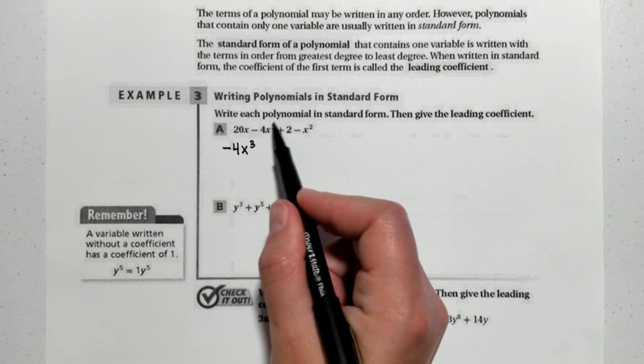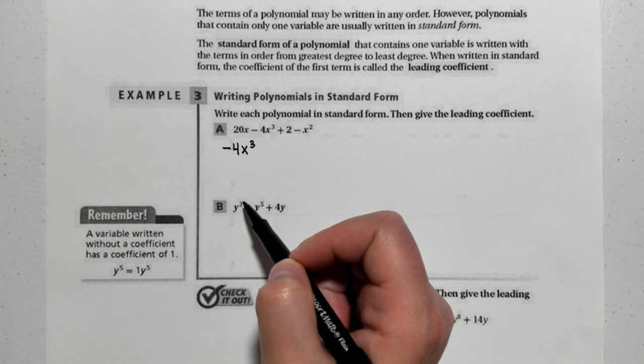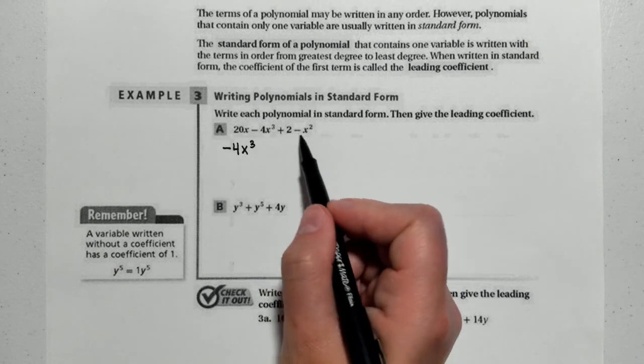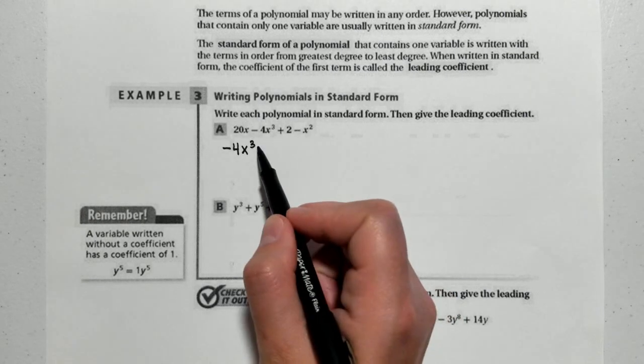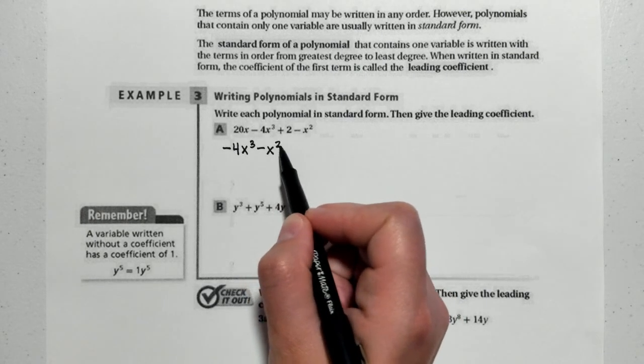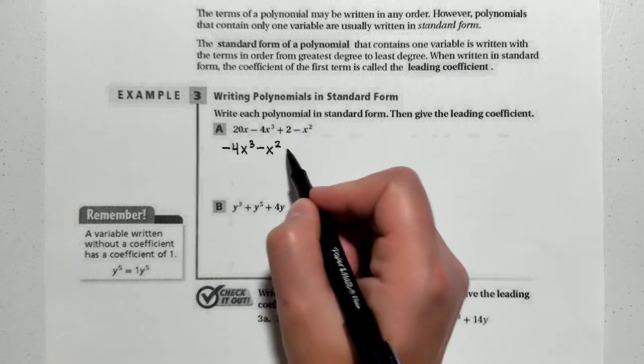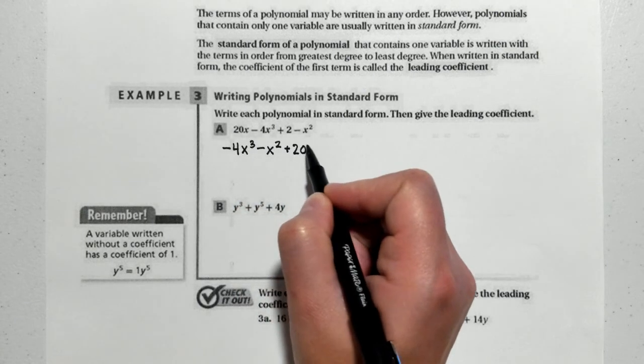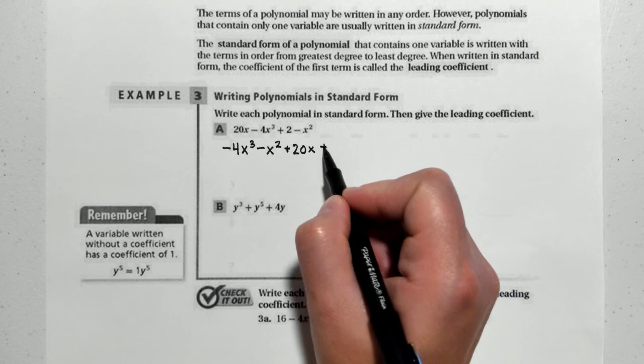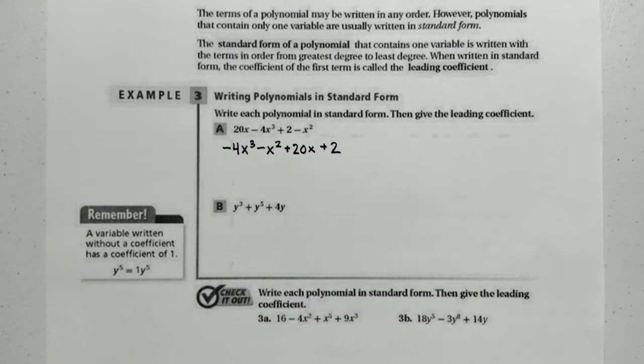That term is used, so you can cross that out if you want, so you remember you used it. Then x squared, but it's minus x squared. And then I have 20x, so plus 20x. And then the constant is 2, so plus 2. So the full polynomial written in standard form is negative 4x cubed minus x squared plus 20x plus 2.